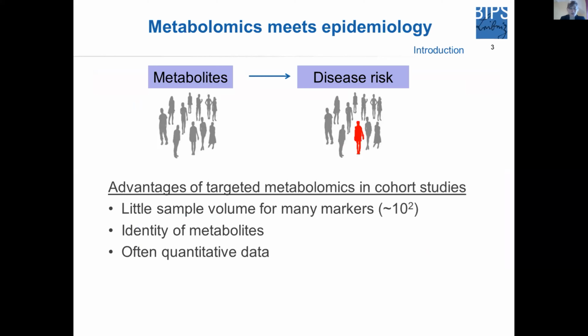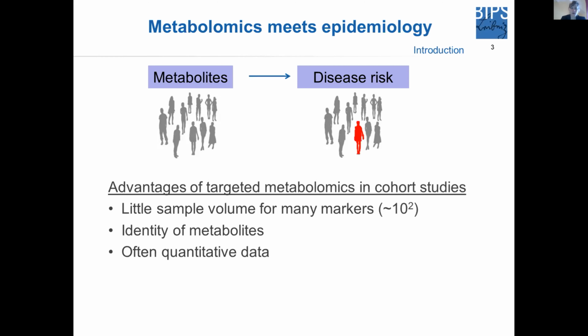And everyone wants to measure all kinds of markers in the sample. So when we use metabolomics, we are very efficient because we only need very little sample volume, and we can measure many markers. So in the case of targeted metabolomics, this is usually one to a couple hundred metabolites. And also with targeted metabolomics, we have the identity of the metabolites, so we know what we are measuring. And often we even have quantitative data.